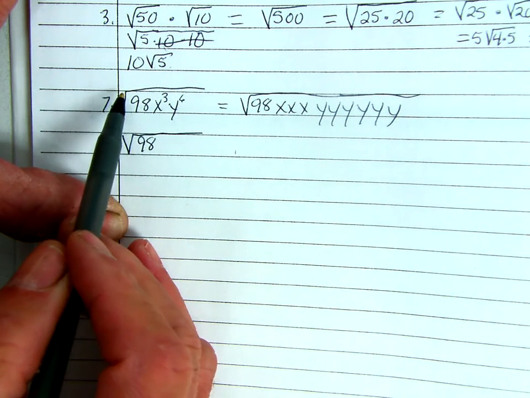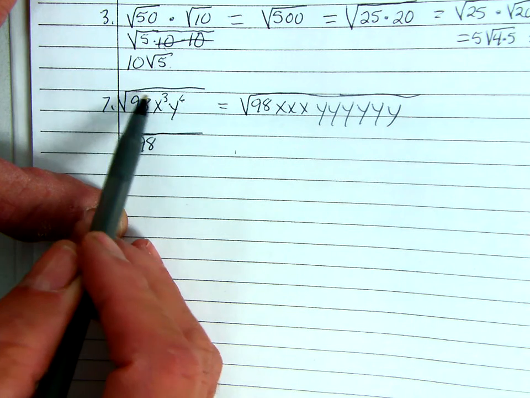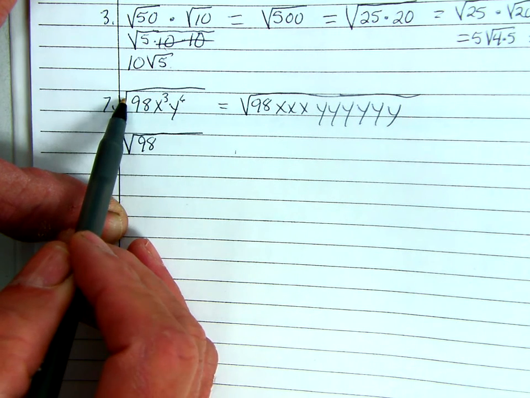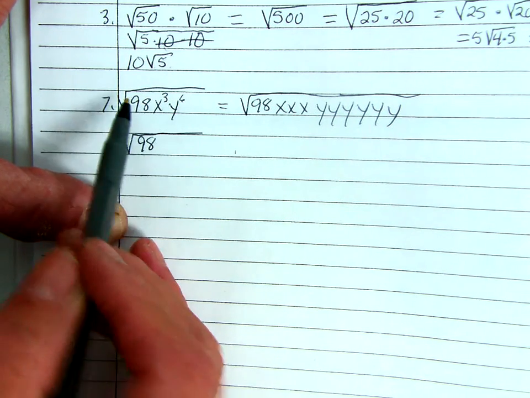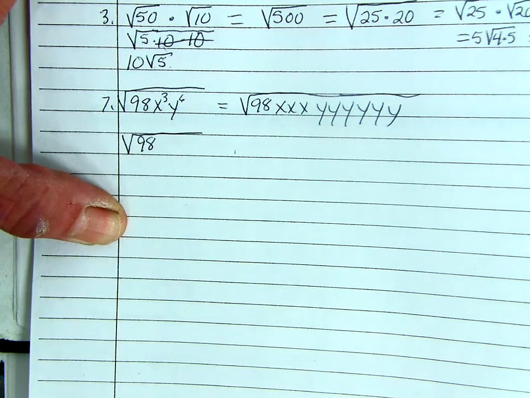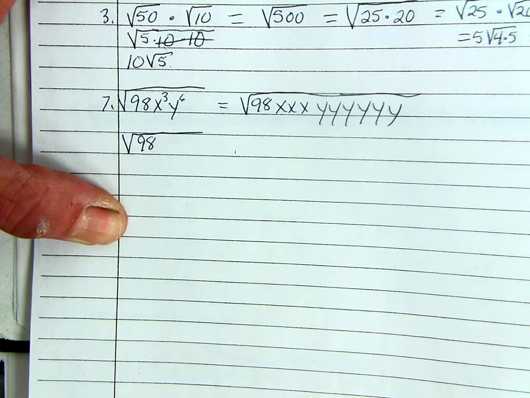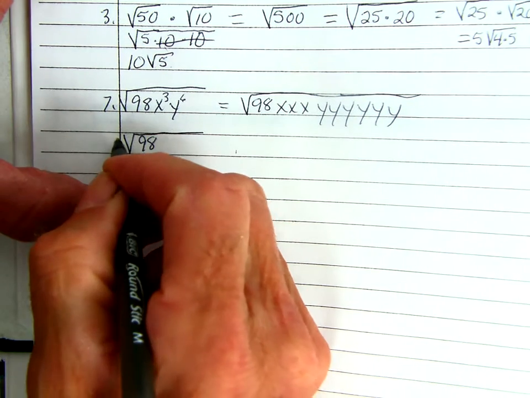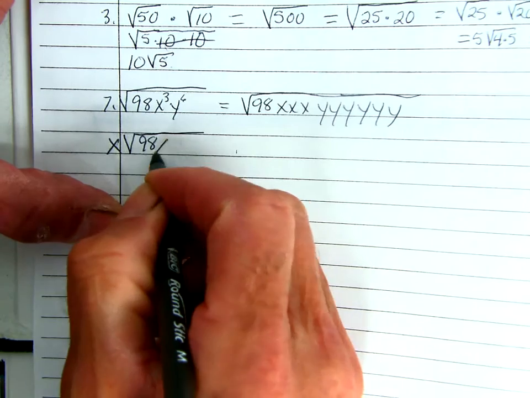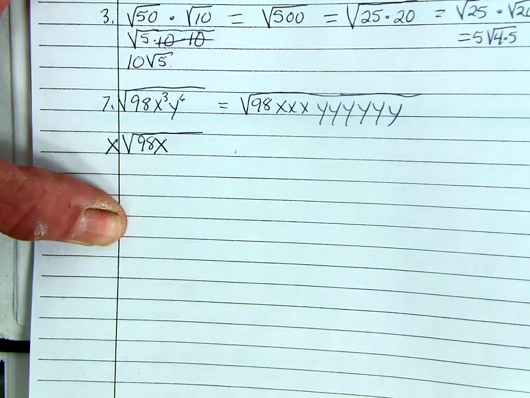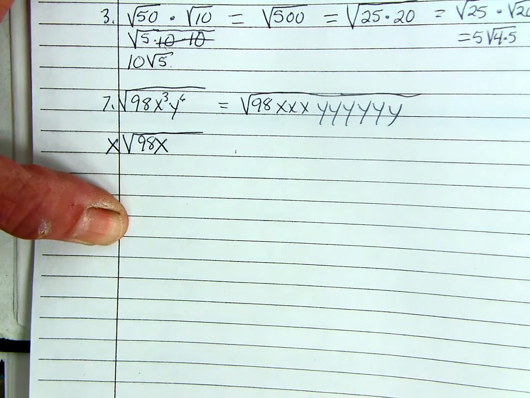You divide it by the power of the radical. Power of the radical is 2. So 3 divided by 2. 1.5. 2 goes into 3 one time with 1 left over. That means there's 1 x on the outside. There was a remainder of 1, so there's 1 x on the inside.